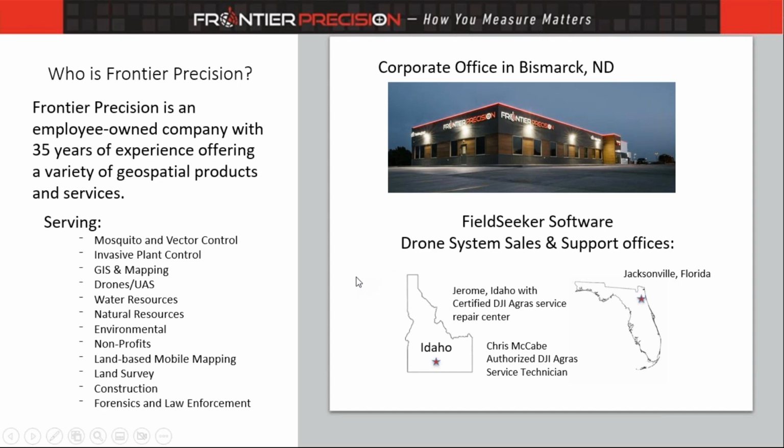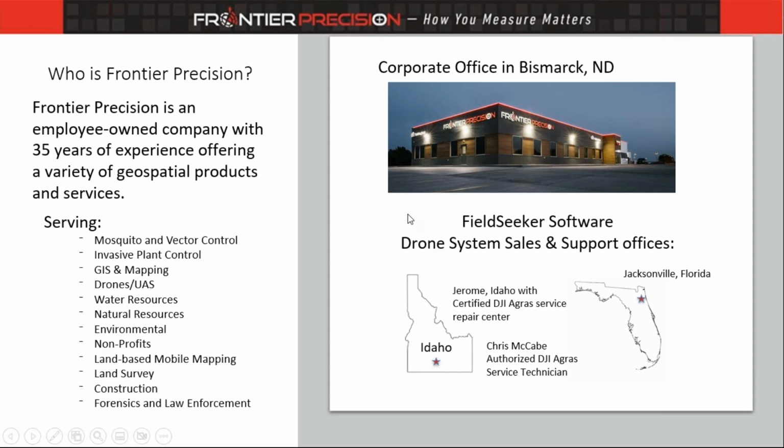So just a little bit on who Frontier is. We're an employee-owned company with 35 years of experience offering geospatial products and services. So we have our mosquito and vector control, and we also have a sister product for invasive plant control. And then we get into a lot of GIS and survey applications.